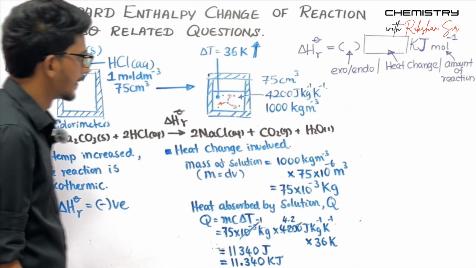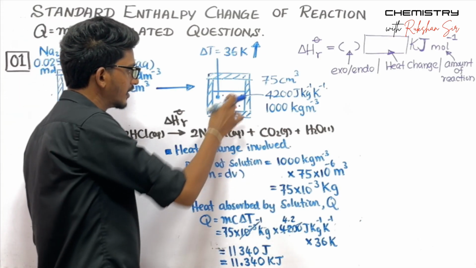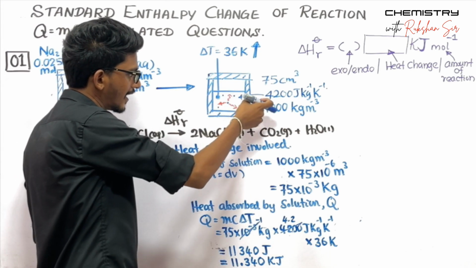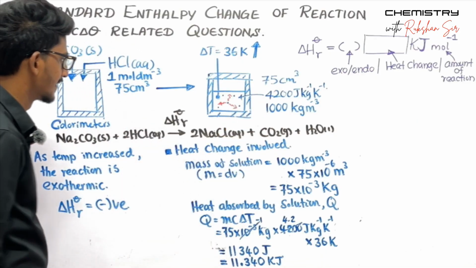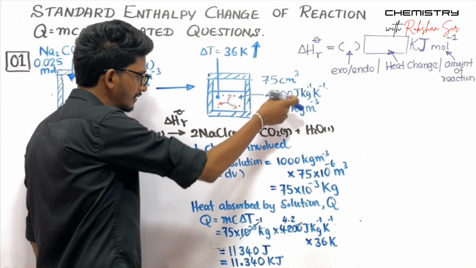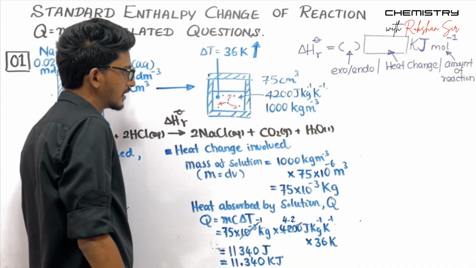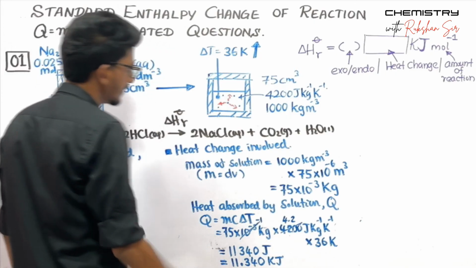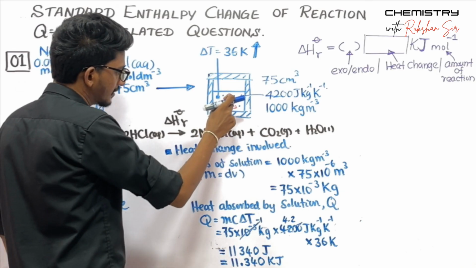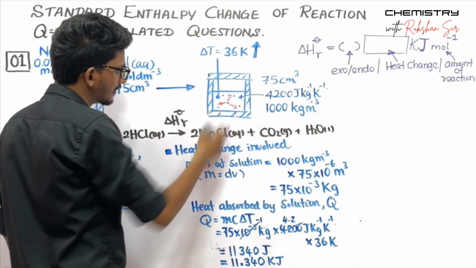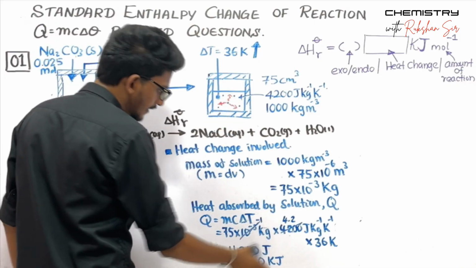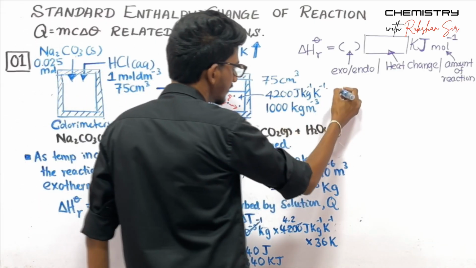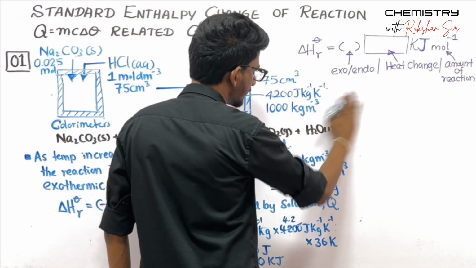And we know, if we are assuming all the heat released by the reaction is absorbed by the solution and no heat loss occurred to the environment, the surrounding, we can say the heat released by the reaction is also equal to this value. So we can write like that.